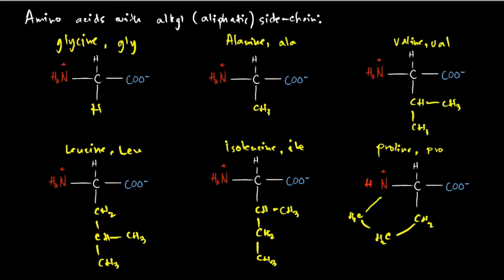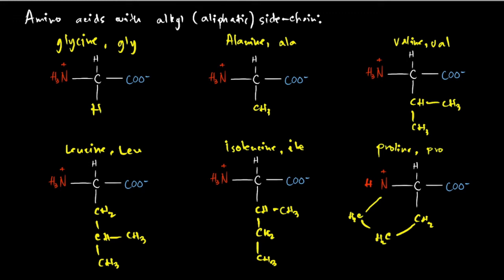That's why wala tayong polarity. Wala tayong, kumbaga, relative na dipole moment dun sa chain na yon. That's why they are called non-polar amino acids. Okay? So, those are the six alkyl aliphatic side chains na meron tayo.